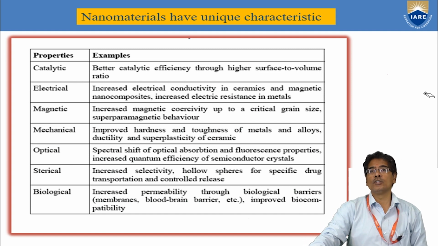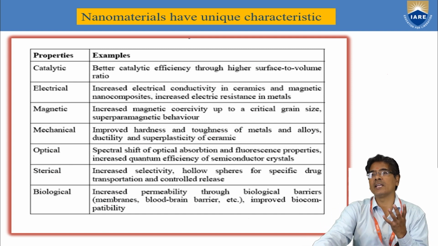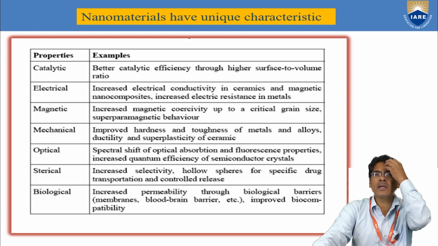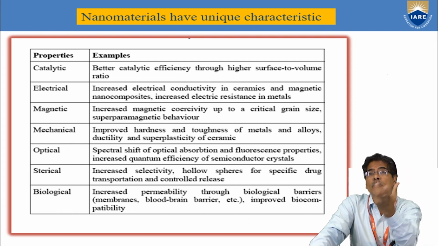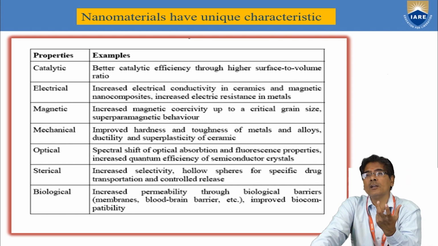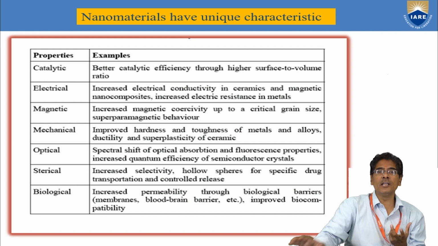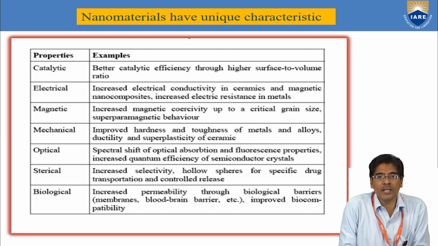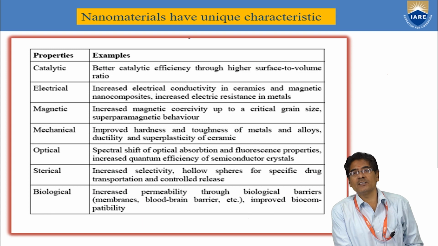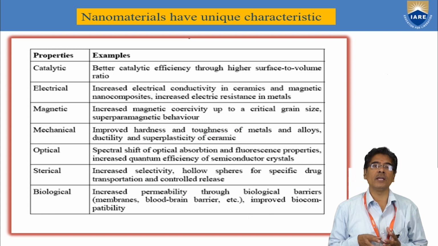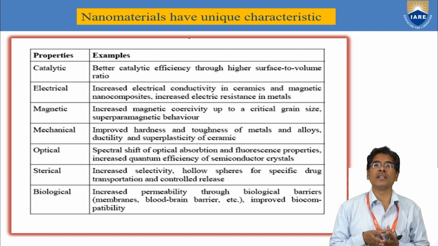This superparamagnetic nature is nothing but a single domain size. When we study the magnetic property, it shows a single domain property. That's what increased magnetic coercivity up to a critical grain size shows, the property of superparamagnetic nature.